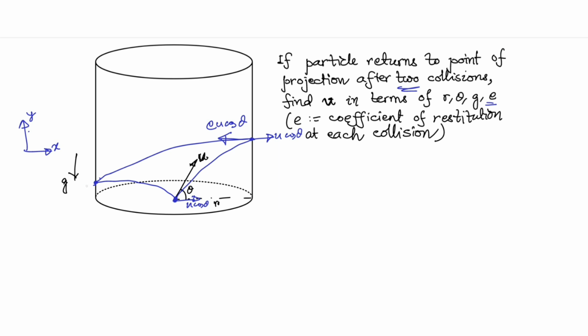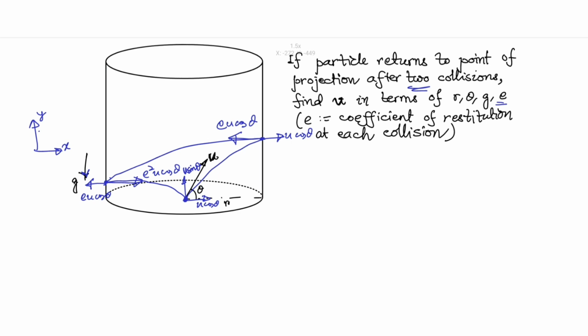So here before collision its velocity will be e times u cos theta, and after collision its velocity will become e squared times u cos theta. I have labeled the velocities, and notice that the velocity along the y-axis, u sine theta, will change because acceleration due to gravity g is acting downwards, but it will not change due to collision because it is always parallel to the surface, not normal to the surface.